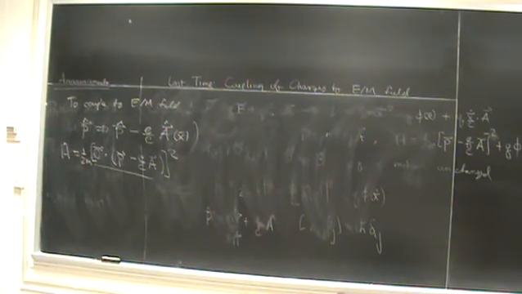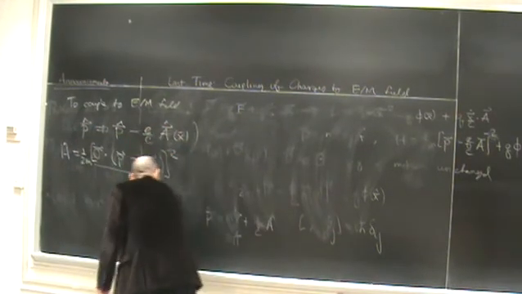Now I do exactly the same thing that I did over here. This is now going to be P minus A, and this is going to be P minus A. The terms that are P cross P go away. The terms that are A cross A go away. But the terms that are P cross A and A cross P don't go away.